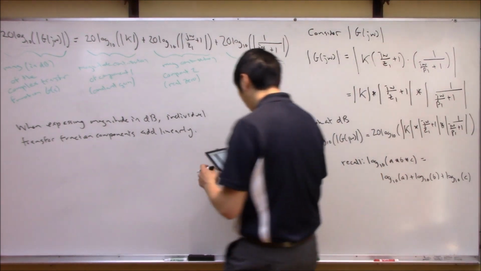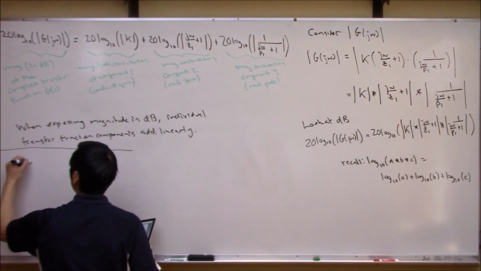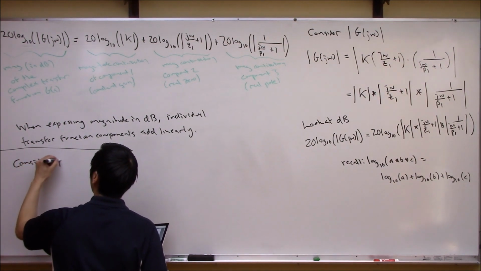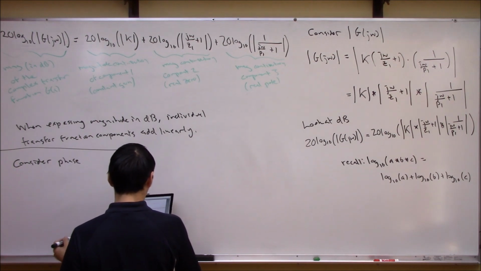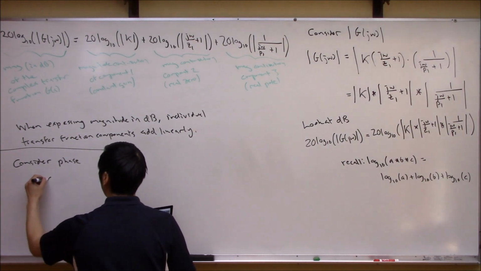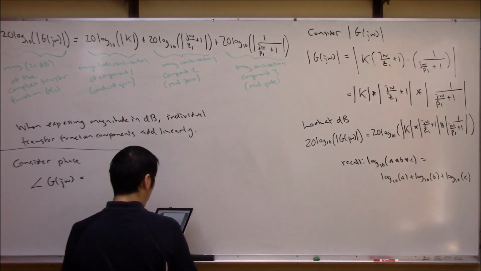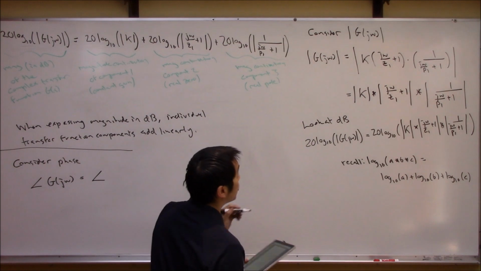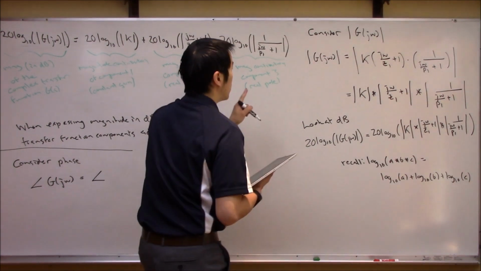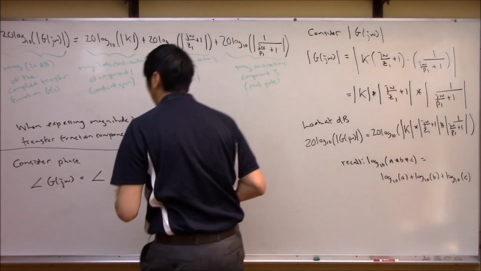What about the phase here? Let's consider the phase, okay? The phase for a Bode plot was basically looking at the angle of g of j omega. So really we're looking at the angle of the thing inside the magnitude operation, even though we erased it here.